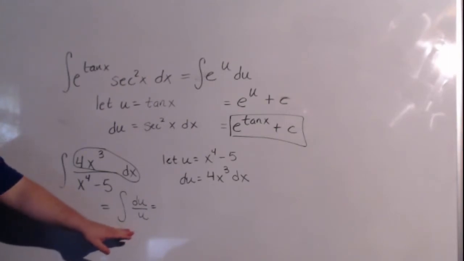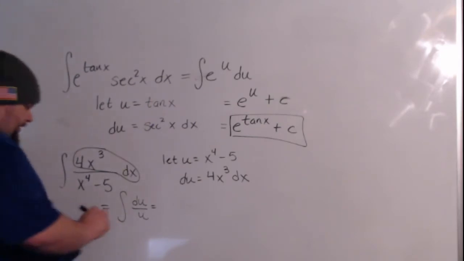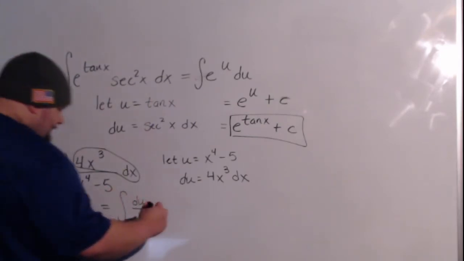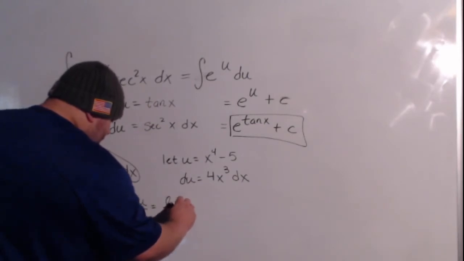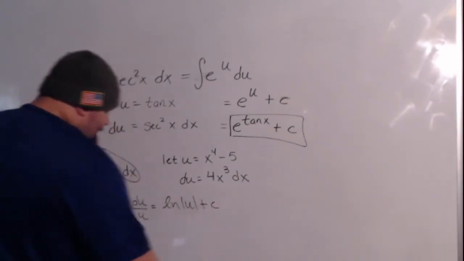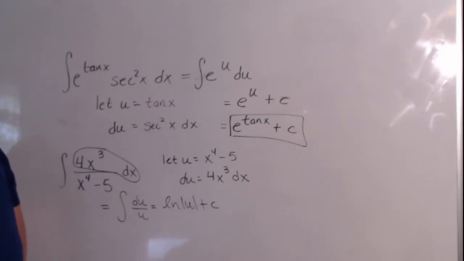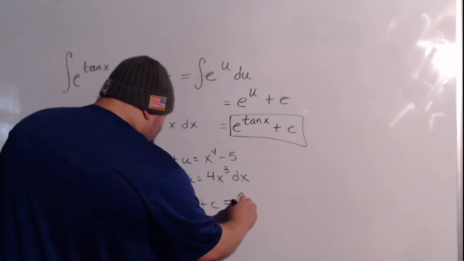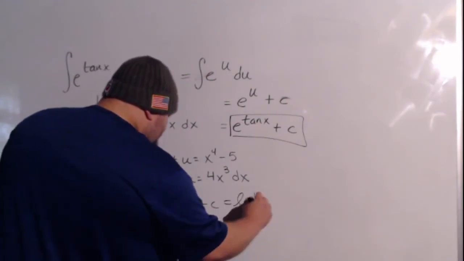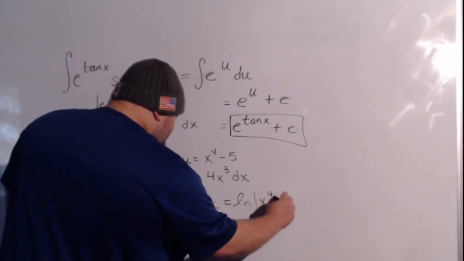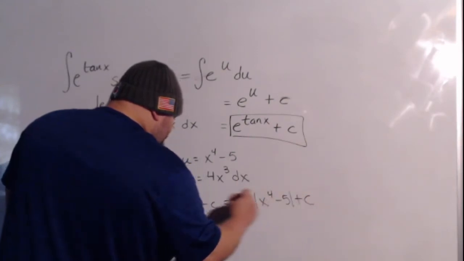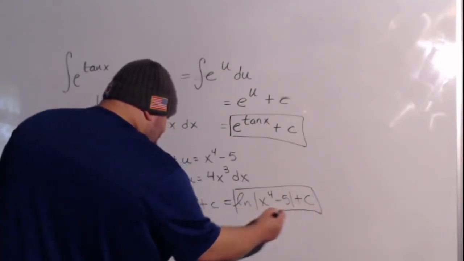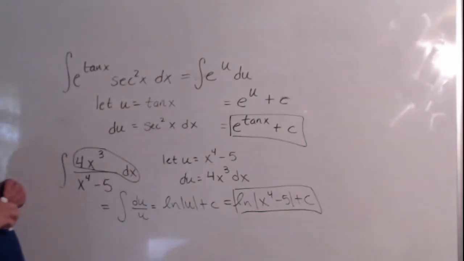So that is the natural log. Right, it's 1 over u du. Remember to get the absolute values. And always the last step is to back substitute for u. So you get that.